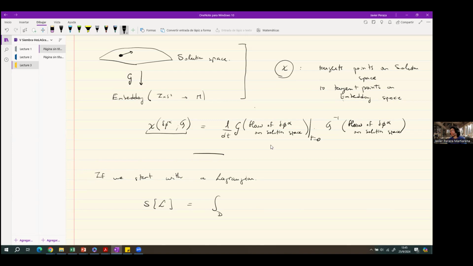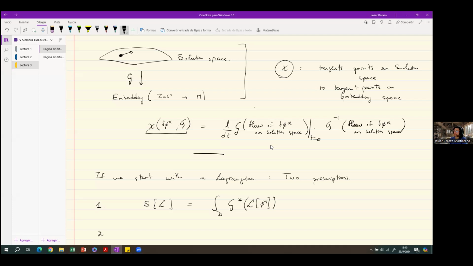So one prescription is, okay, you take the pullback of the Lagrangian over D, and the Lagrangian depends on the field configuration. So this is one prescription.